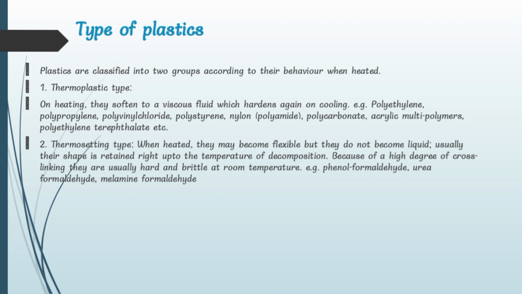Means it will stretch like rubber. Usually their shape is retained right up to the temperature of decomposition. Because of the high degree of cross-linking, they are usually hard and brittle at room temperature. Examples: phenol formaldehyde, urea formaldehyde, and melamine formaldehyde.